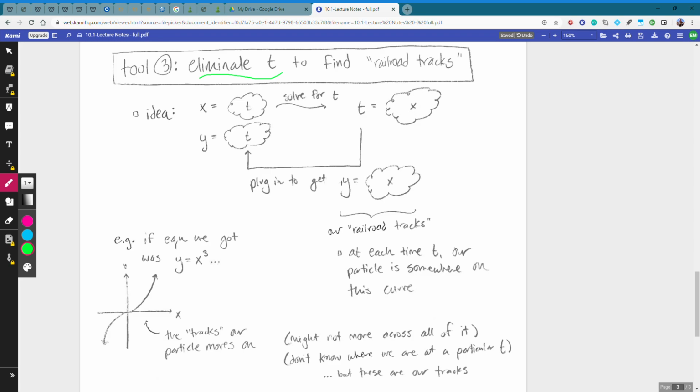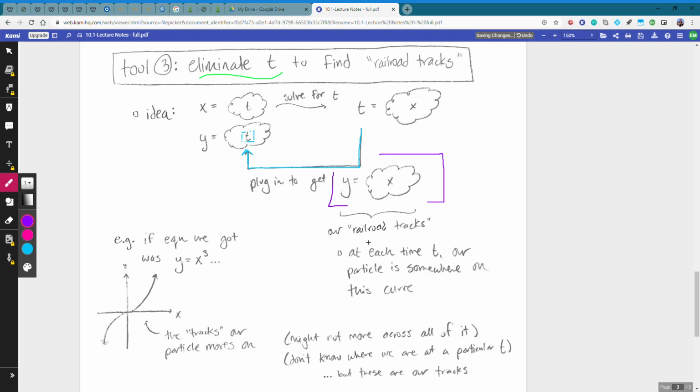Well, if we now plug that into our y equation, then this t will get replaced with something in terms of x, and what we'll end up with is this equation, y equals something in terms of x, right? And there's not going to be any t anymore, and this is just going to be some curve in the xy plane.